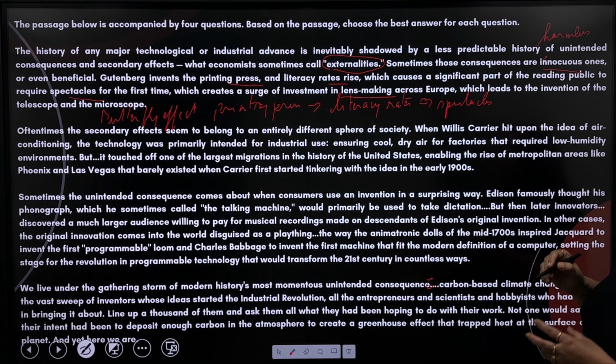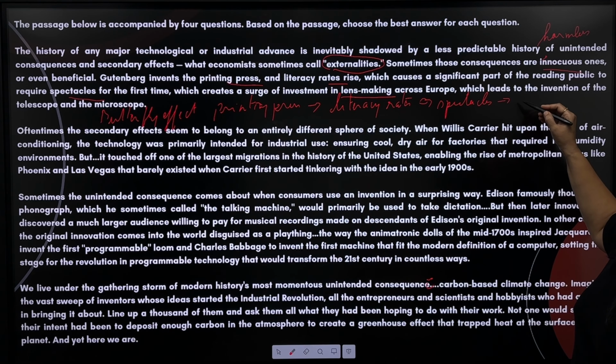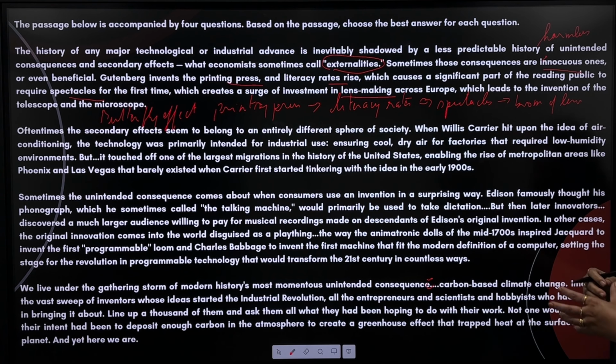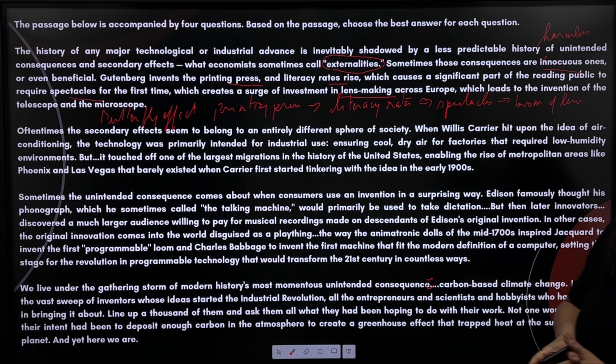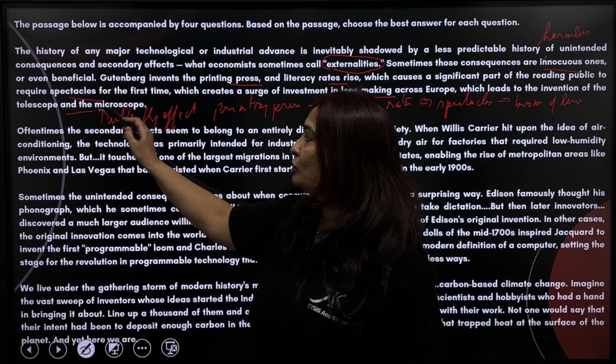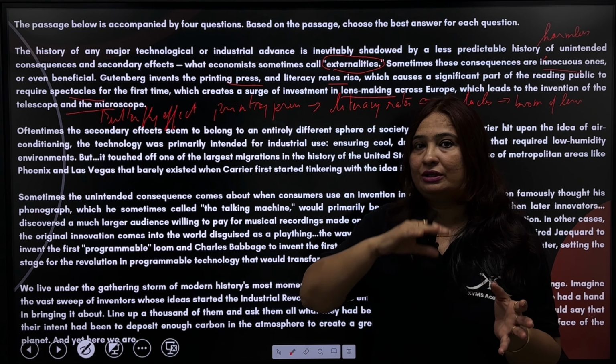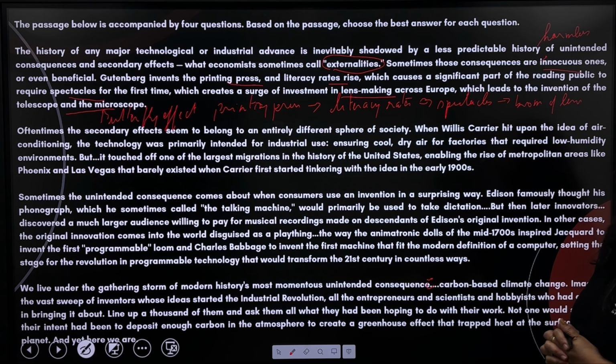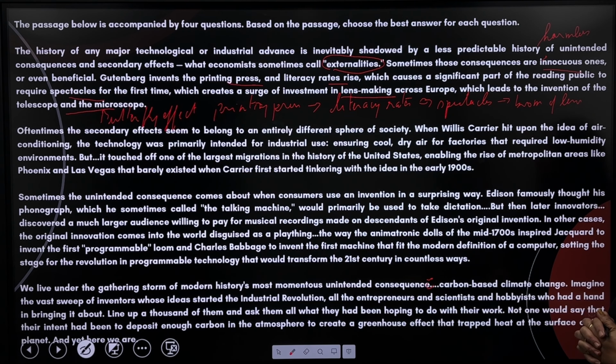So the need for spectacles was felt, and this led to the boom of lens, which eventually led to the invention of the telescope and microscope. So this is how the chain reaction went on. Clear?